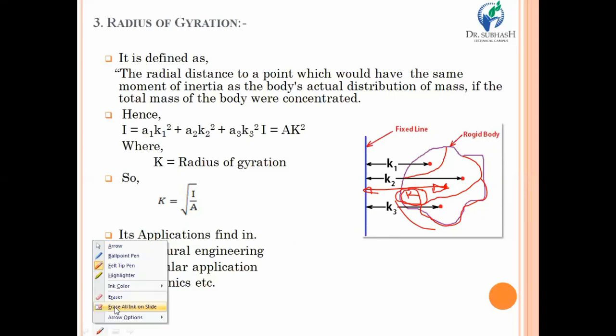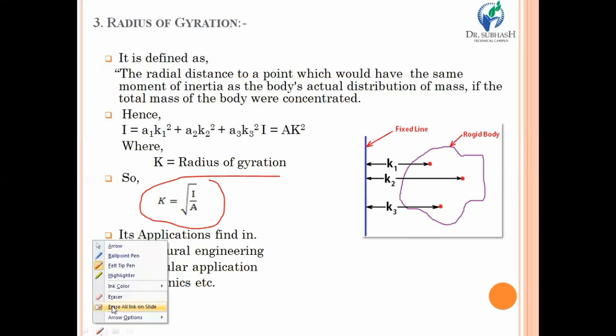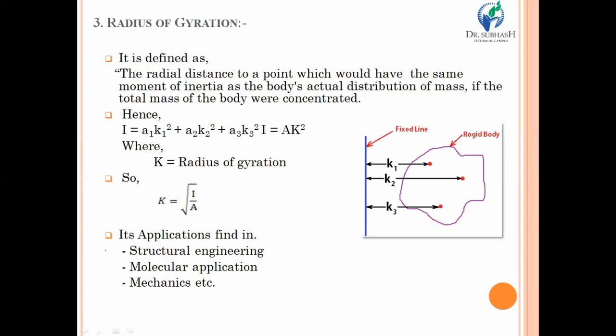In short, the distance at which the moment of inertia remains the same throughout the sections is known as the radius of gyration. Mathematically, it is the square root of I upon A. Radius of gyration is used in structural engineering, molecular applications, and some mechanics as well.